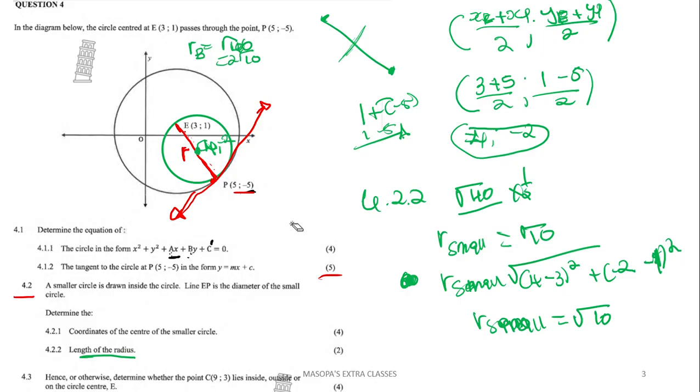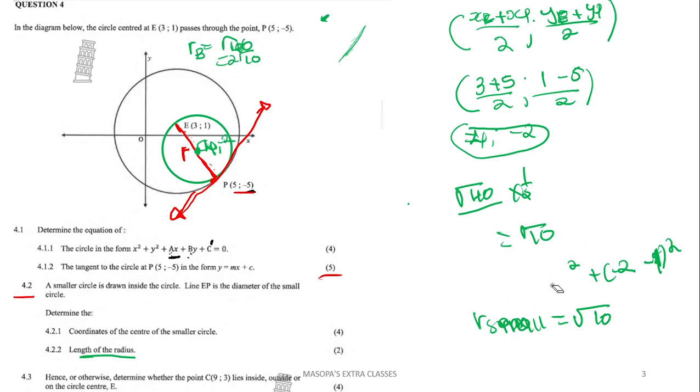You must determine whether point C lies inside, outside or on the circle. This comes down to the difference between the distances.